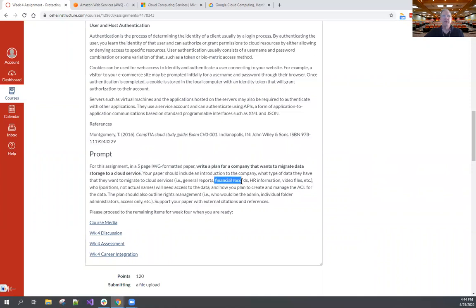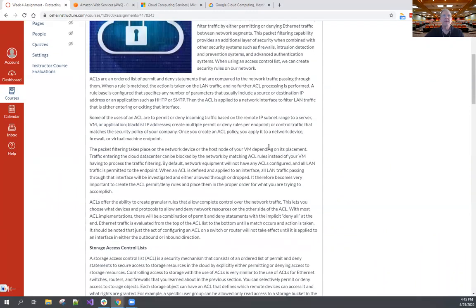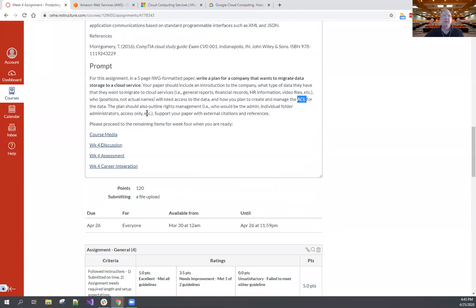So it'll be financial records, and the people involved, let's say accountants, would need to access the records. And then we've got to set up the access control list for that data, and then the plan for administering it.